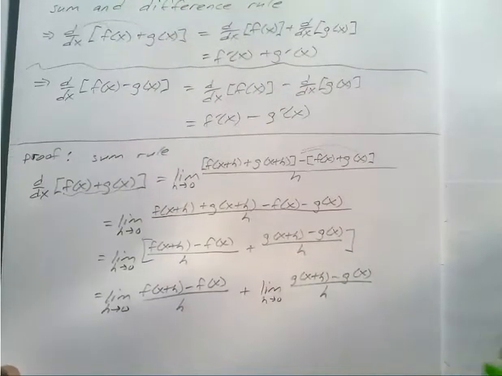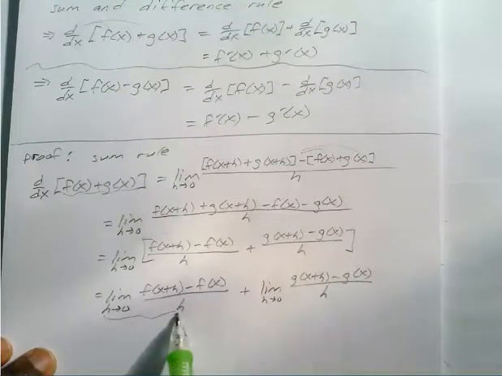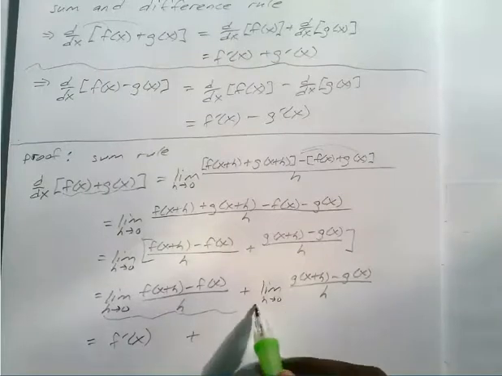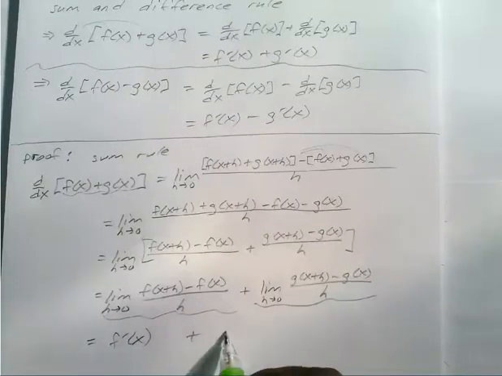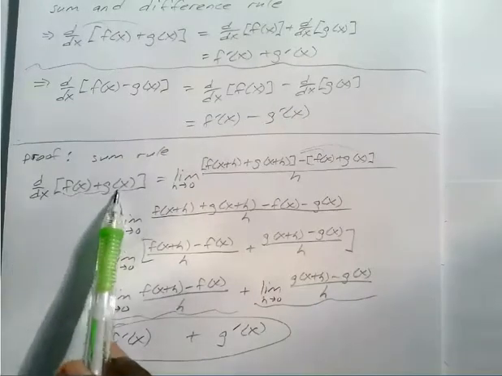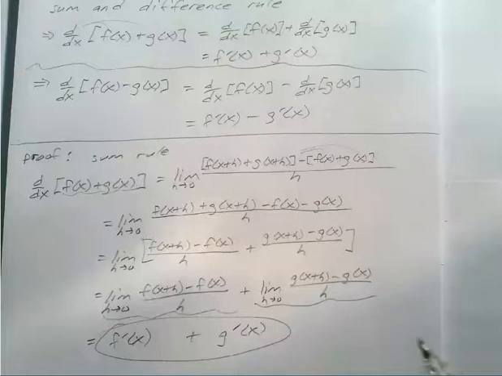And you see here that this first term is pretty much the definition for f prime of x, plus this term, the definition of your g prime of x. So the derivative of f of x plus g of x is f prime of x plus g prime of x.